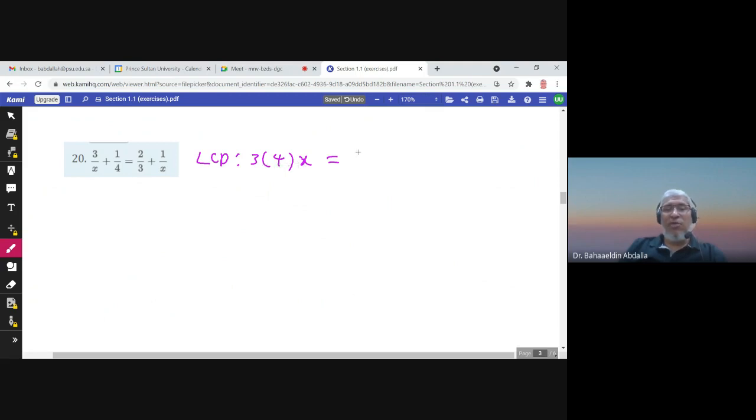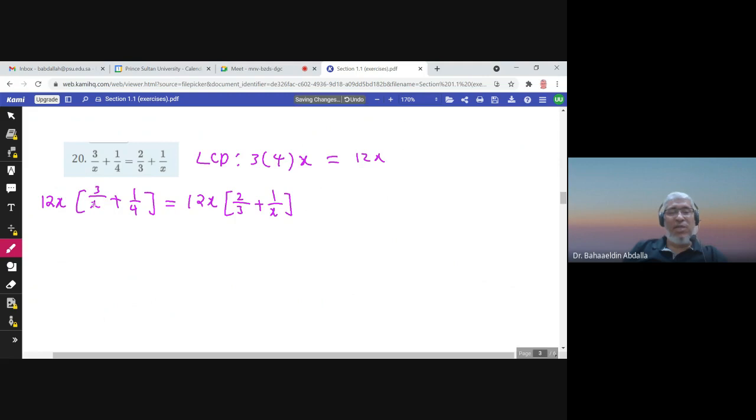So the LCD would be 12x. So we multiply 12x times the two terms in the left-hand side and times the two terms in the right-hand side.